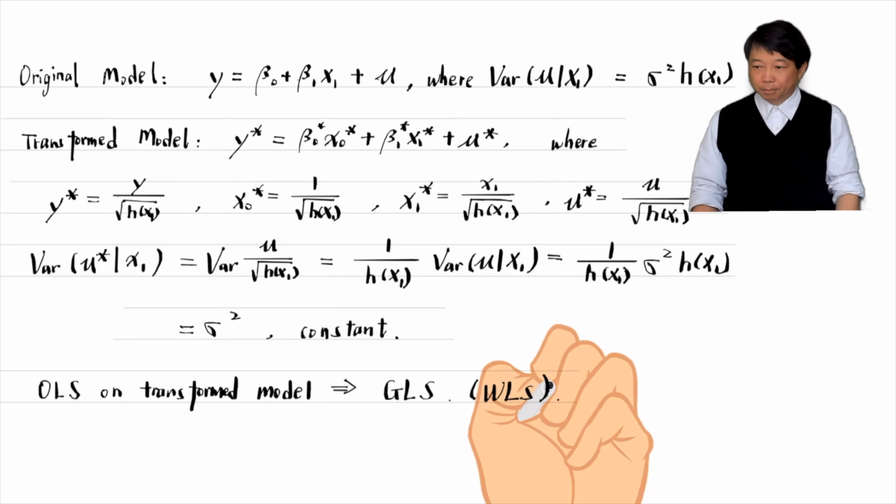The estimators, beta stars, from the transformed model are called the Generalized Least Squares (GLS) estimators. Generally speaking, the GLS estimators are the OLS estimators from a transformed model. Because the transformed models satisfy the Gauss-Markov assumptions, the GLS estimators are consistent and efficient estimators of the population parameters.